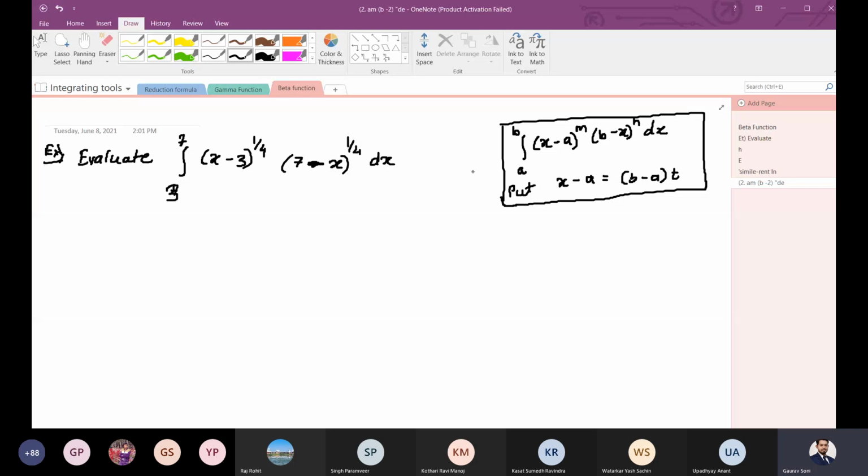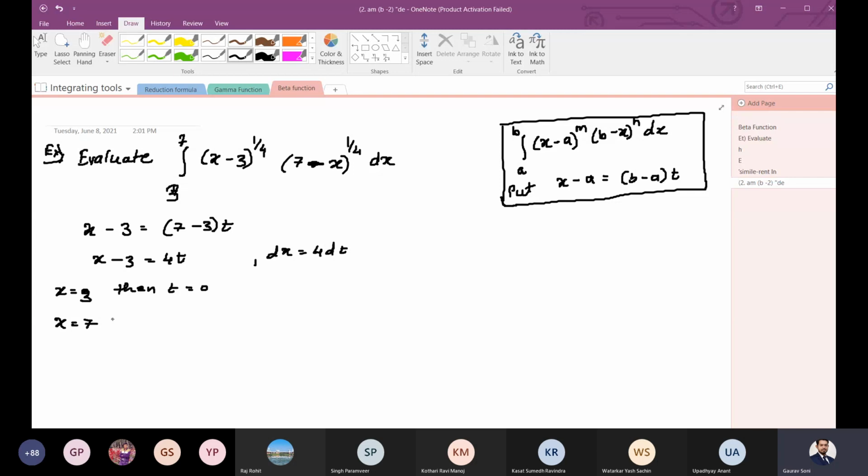So, what will be the substitution here? x minus 3 is equal to (7 minus 3) into t, which is x minus 3 is equal to 4t. With that, dx will become 4 times dt. If you put x equal to 3, then t turns out to be 0. If you put x equal to 7, then t will turn out to be 1.